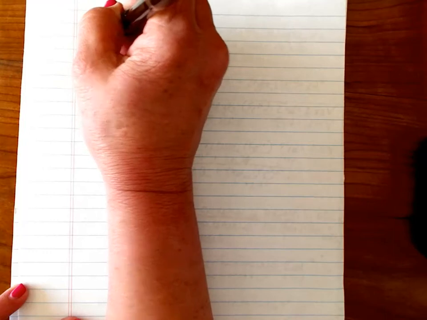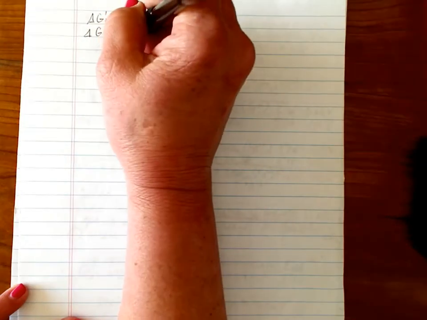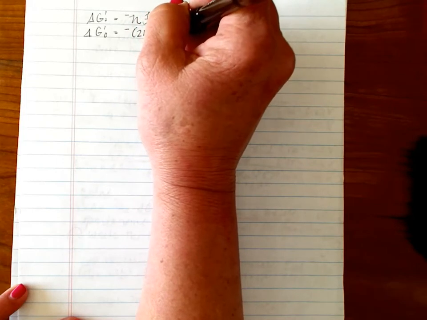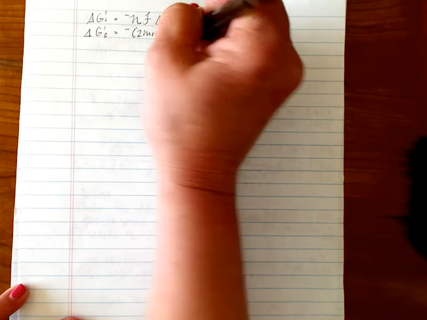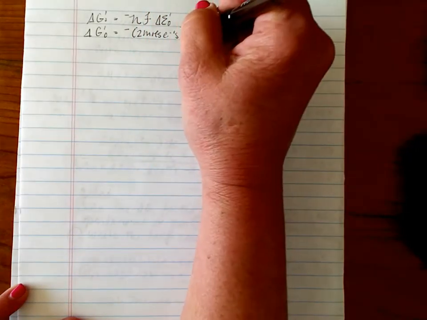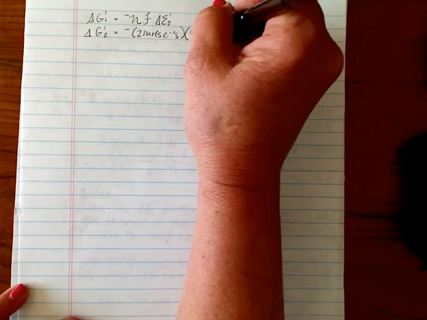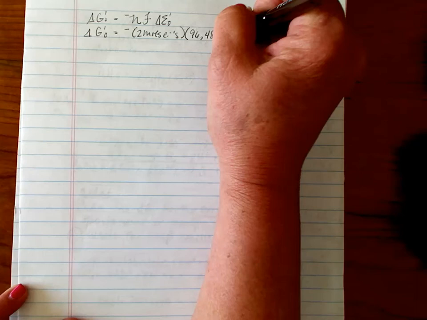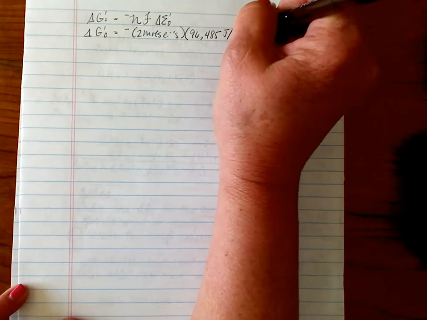So the standard change in free energy is minus 2 moles of electrons times the Faraday constant. These equations and constants will be given to you. You do not need to know them.